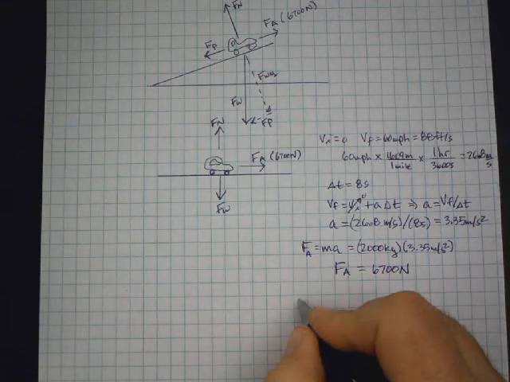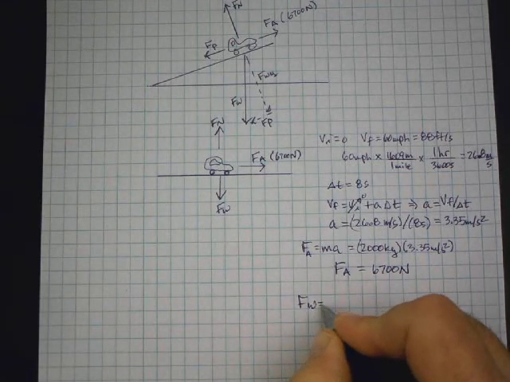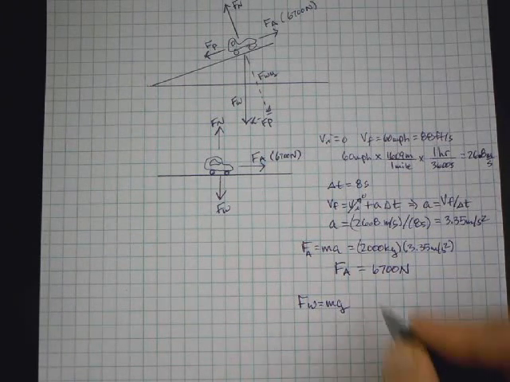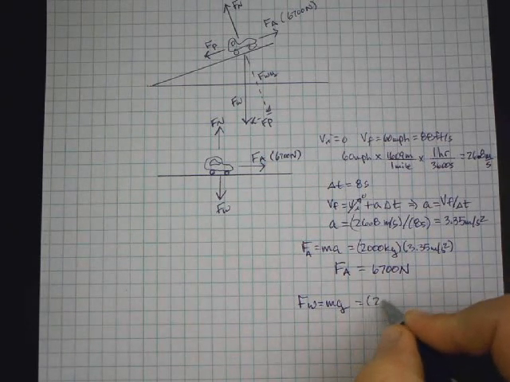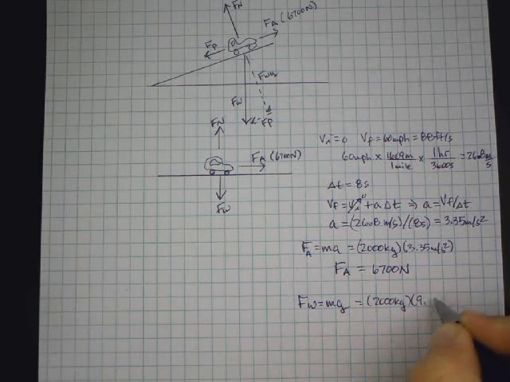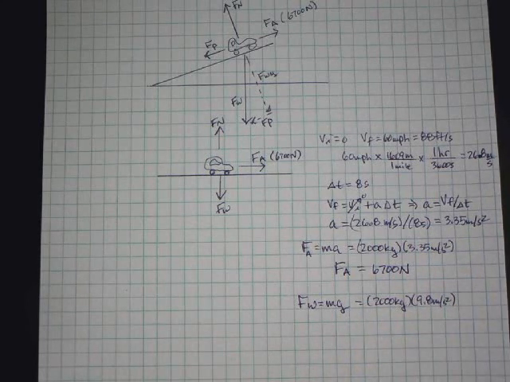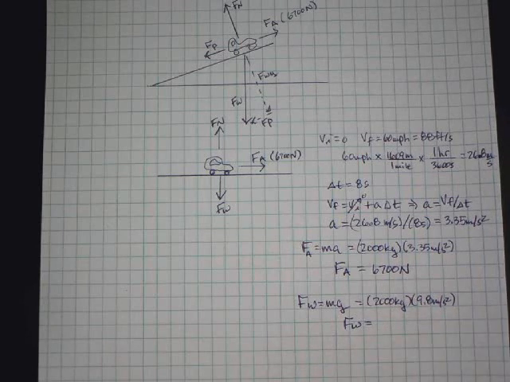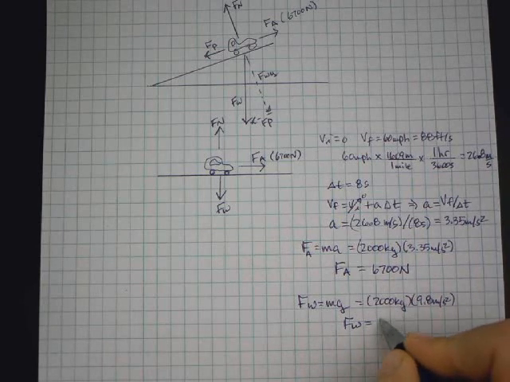Now, I need the weight of the car. Fw is mg. So that's the 2,000 kilograms times 9.8. And this will end up being 19,600 newtons.